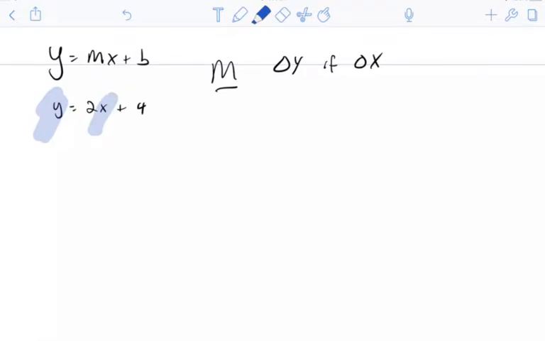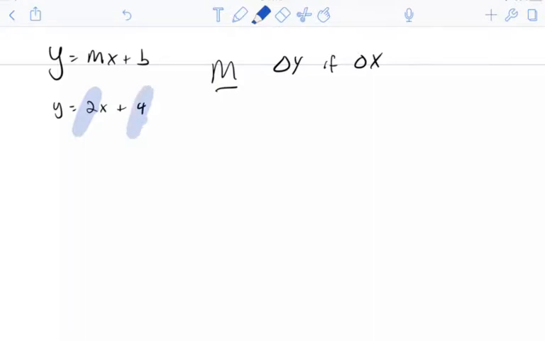If I increase the value of x by 3, the value of y is going to go up by 6. Okay? It relates how the value of y changes if we modify the value of x. We're going to talk a lot more about that in detail, but that's why it's called the slope, in essence, because we're talking about straight lines being tilted. Honestly, graphically, this number represents how tilty a particular line is.